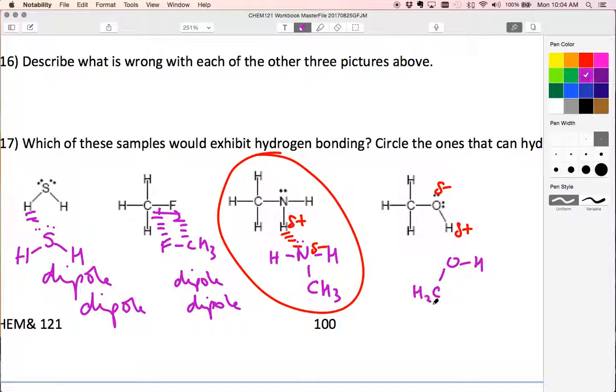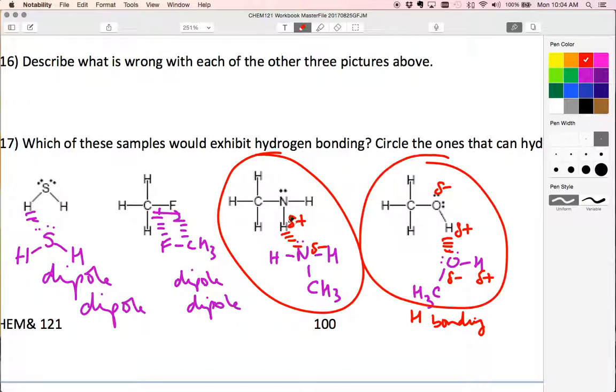And I'm just going to draw CH3 instead of drawing it out. And this is partially positive, and this is partially negative. And because these are very polar, NH, OH, and HF, very polar, I'm going to draw hydrogen bonding there. So this also can hydrogen bond.